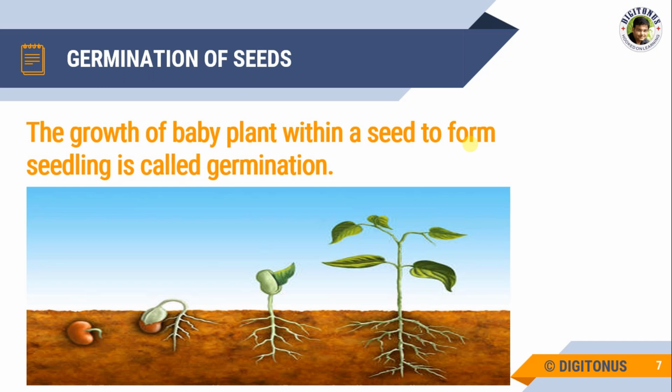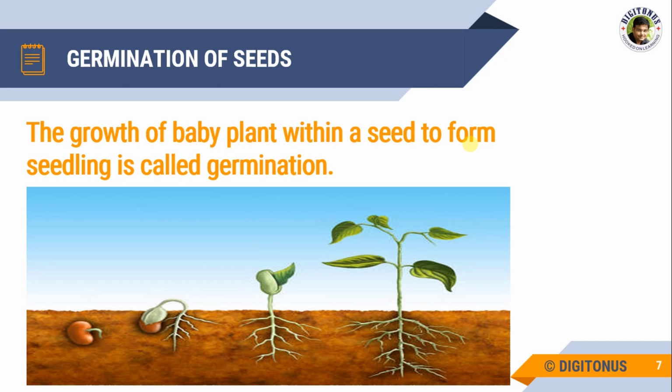The process by which a seed grows into a new plant is called germination. See dear students, when the seed gets all the necessary things like air, water, warmth, space and nutrients from the soil, the process of germination starts. During the early stage, the seeds will get food from the cotyledons.